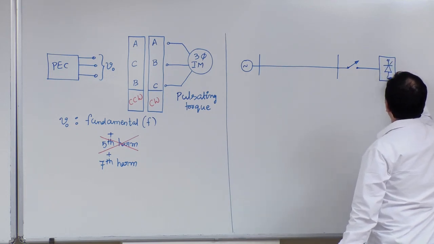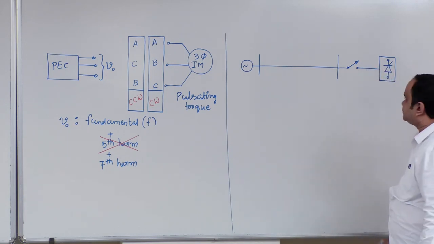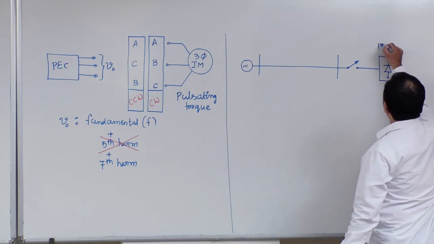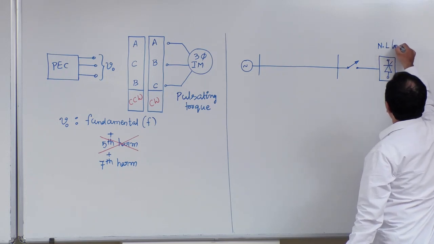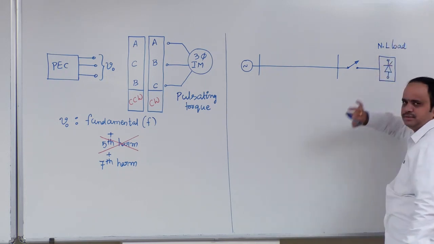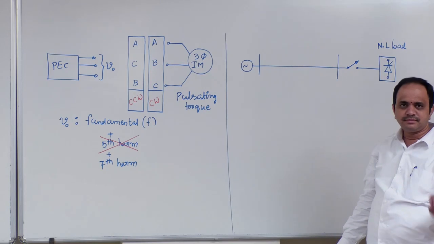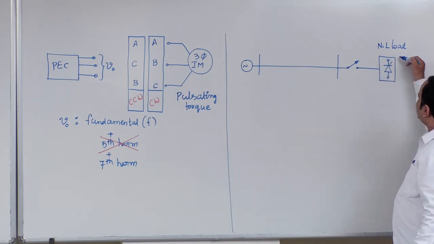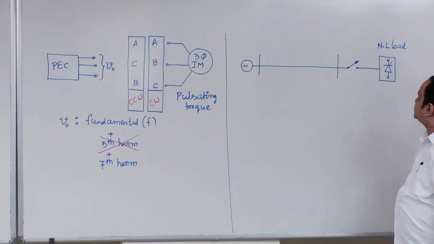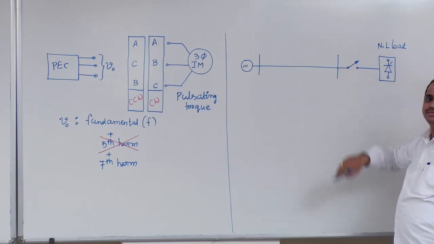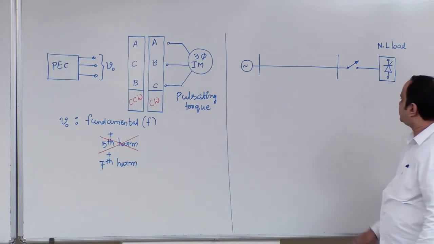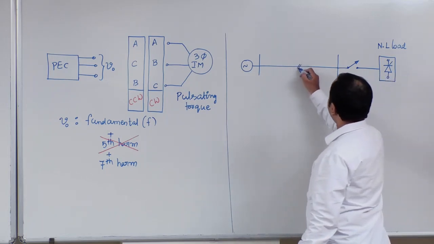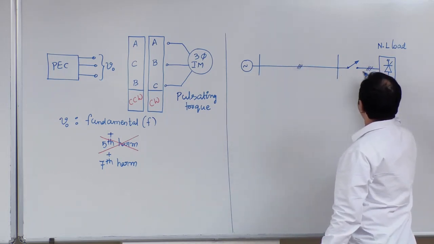If you see the same diagram in the power system subject, they will say that this particular load is a non-linear load. The reason is this particular load, basically the rectifier bridge, will make the waveforms non-sinusoidal. Hence, it is referred to as a non-linear load. This is a three-phase single line diagram.